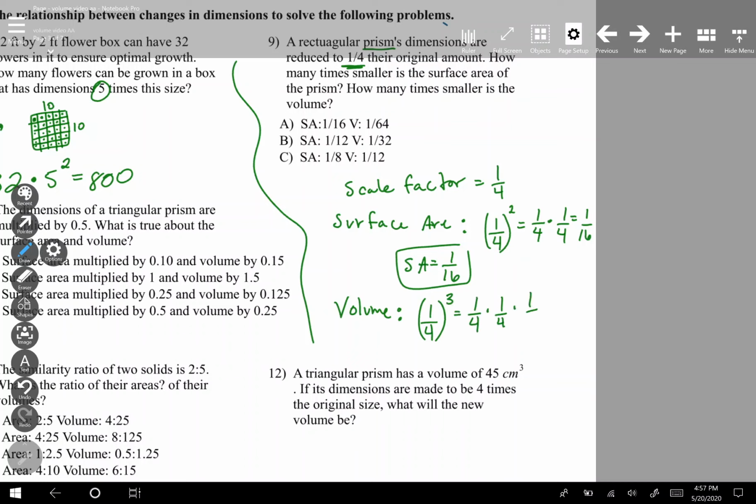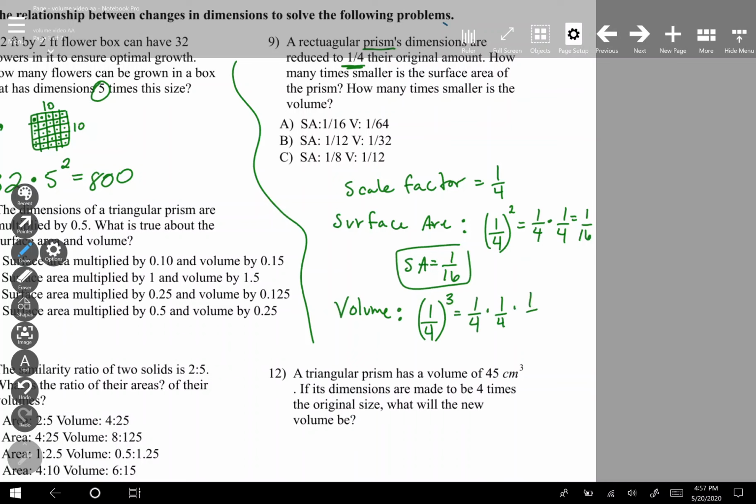So 0.5 cubed is 0.125. So now we see, okay, 0.25 for surface area. Okay, that's good. Volume 0.125. All right, that's good. So there we go.